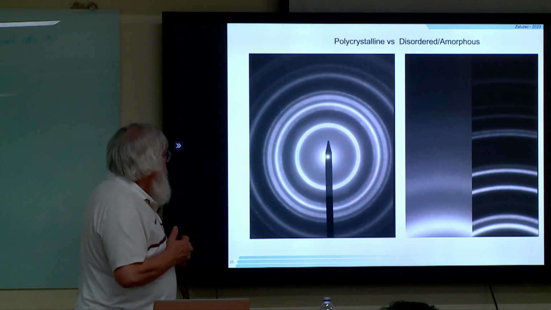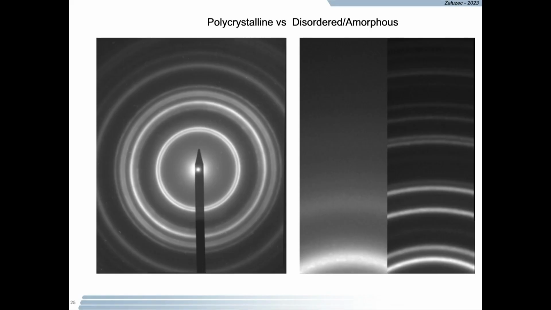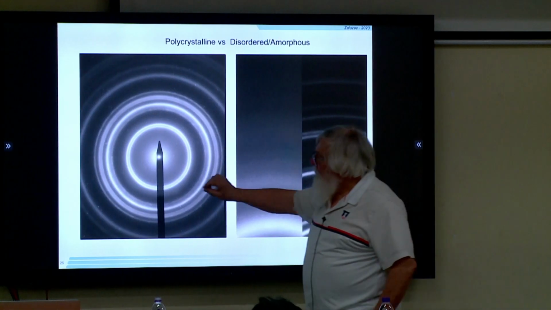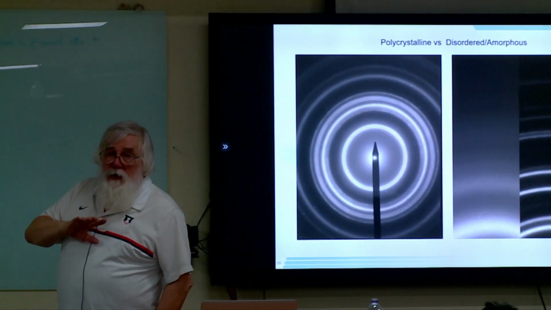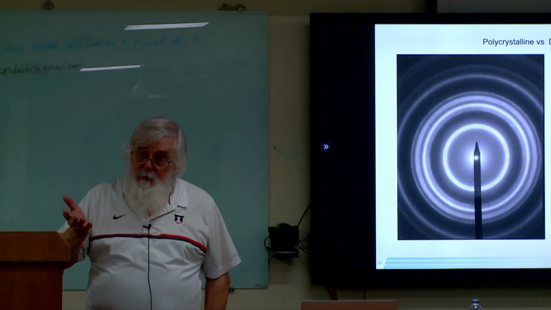So here's a ring pattern, or a polycrystalline pattern. Why did I immediately say polycrystalline and not amorphous? First thing I looked at, I can look at this pattern, and what do I see? I see very sharp rings, not broad, diffuse rings. If it's broad and diffuse, it's generally due to disorder in the solid, so it's an amorphous material.